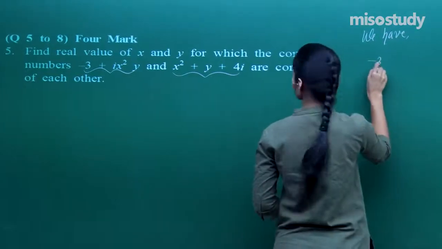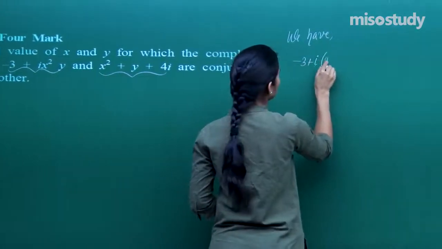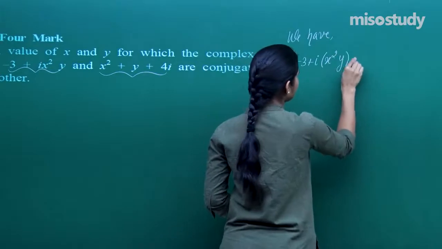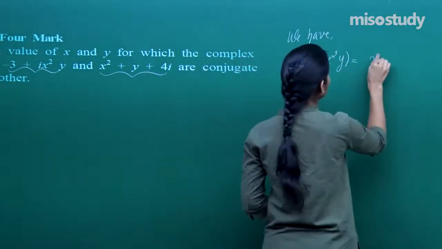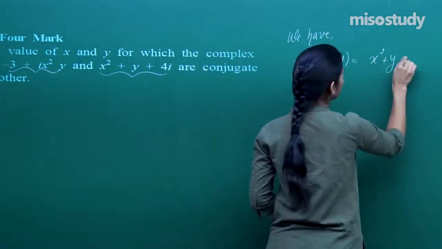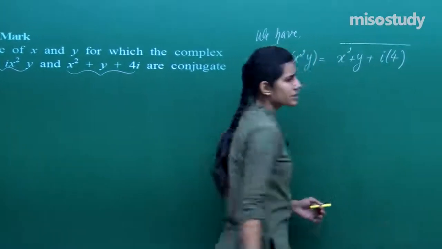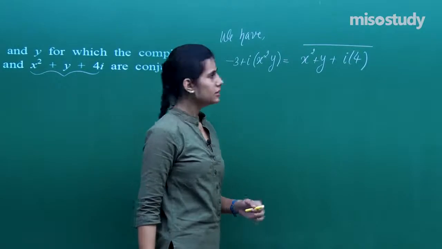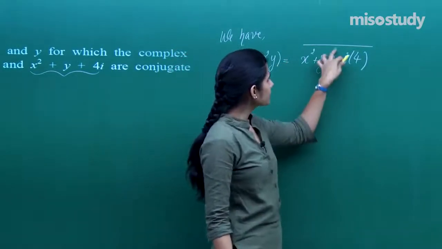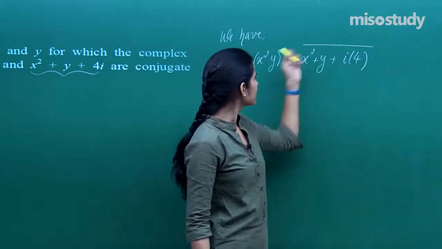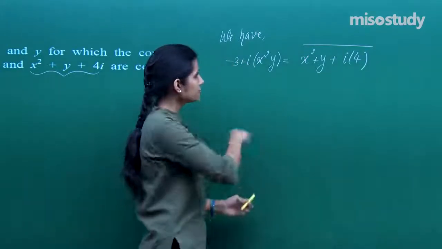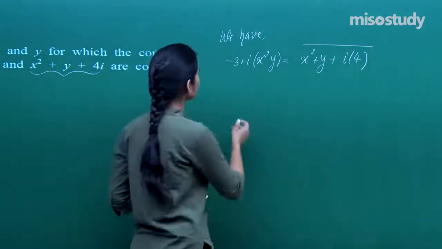This complex number is the complex conjugate of this complex number. That means when you take this complex number's bar, you get this complex number. That is the meaning of being conjugate.